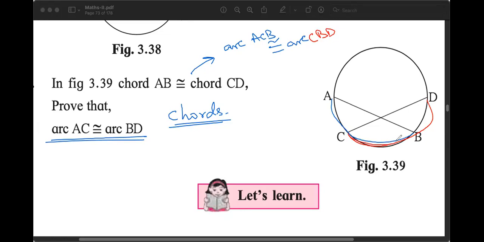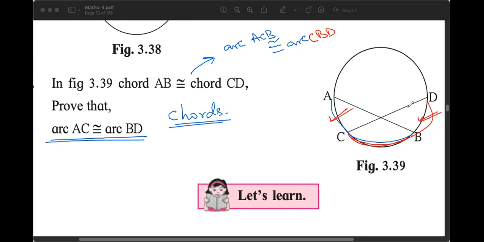The common is arc BC. मतलब अगर मैं दोनों तरफ से इस आर्क को माइनस कर दूं, ACB से BC को हटा दूं और CBD से भी BC को हटा दूं, तो क्या बचेगा? AC और DB. हो गया प्रूफ. They are congruent.